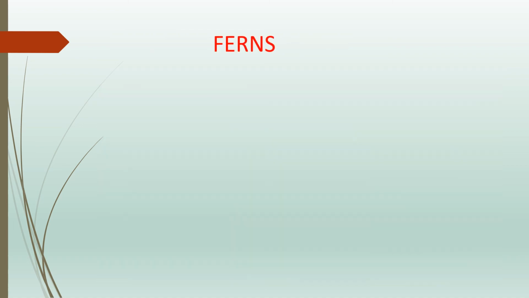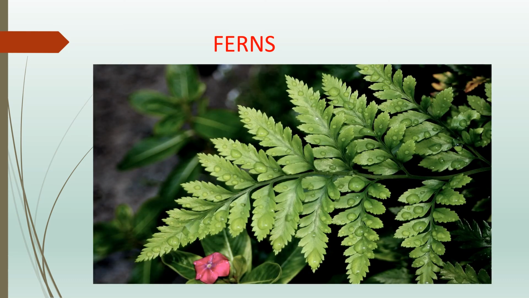Ferns. Ferns are also non-flowering plants. They are the simplest plants with the presence of roots, feathery leaves and an underground stem. They are green-colored plants. They have chlorophyll, so they can prepare their own food. They have spores which are used for reproduction.